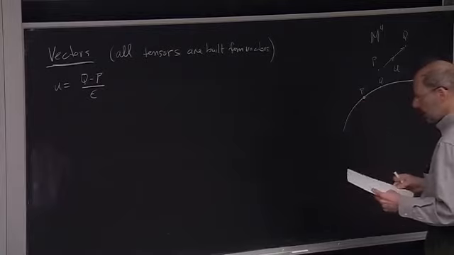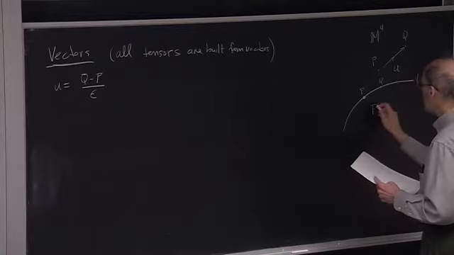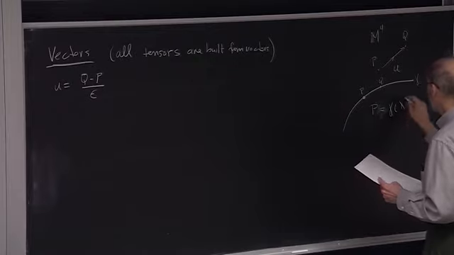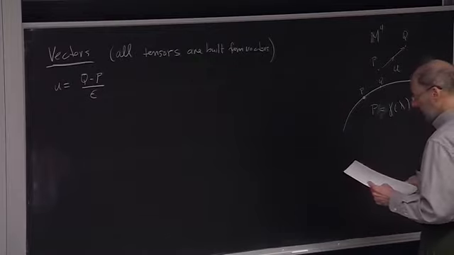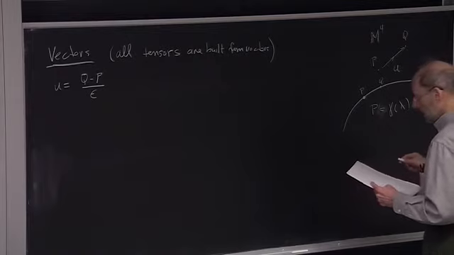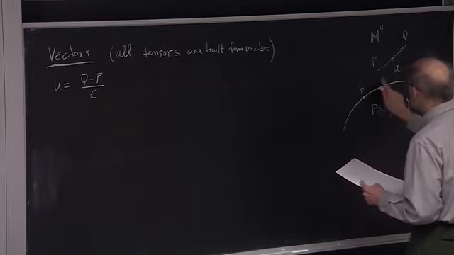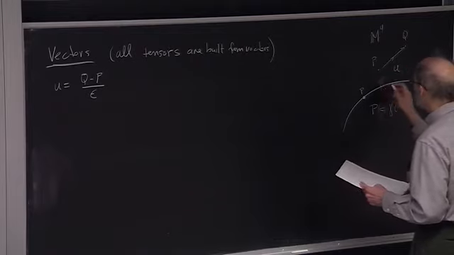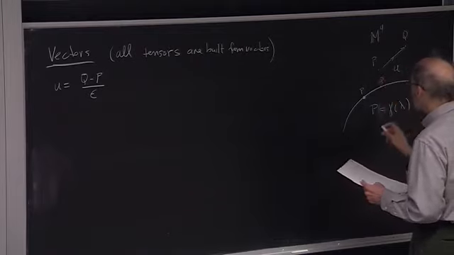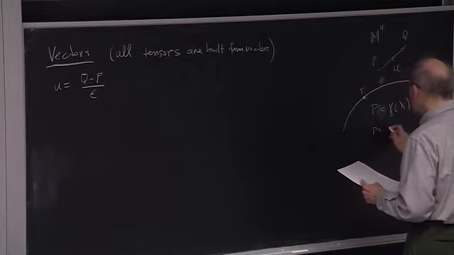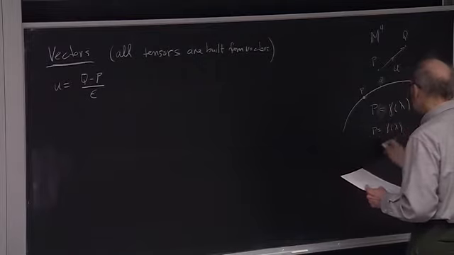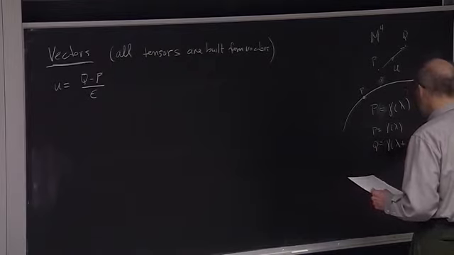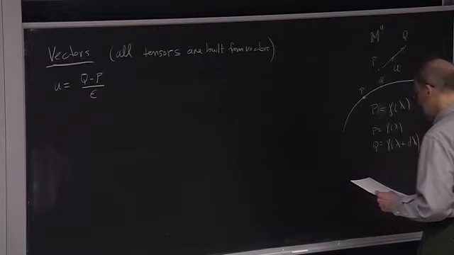We think of P as a point on this curve. Let's say P is equal to gamma of some lambda, and let's call Q gamma of lambda plus some infinitesimal d lambda.